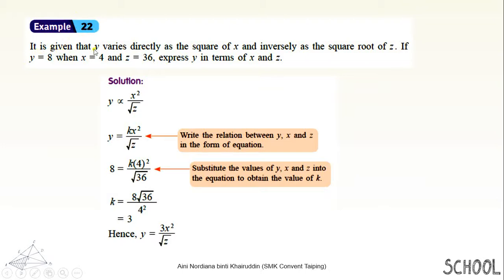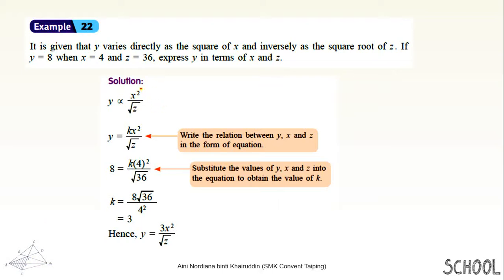It is given that y varies directly as the square of x and inversely as the square root of x. So when y varies directly, then you put it in the numerator. When inversely, you put it in the denominator. So, okay, I will use my pen. Have a look at this.